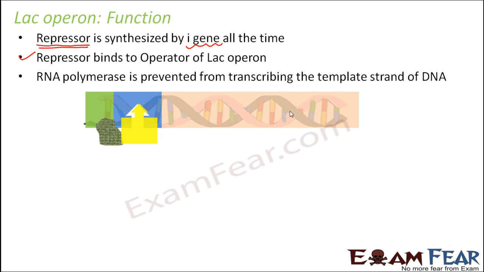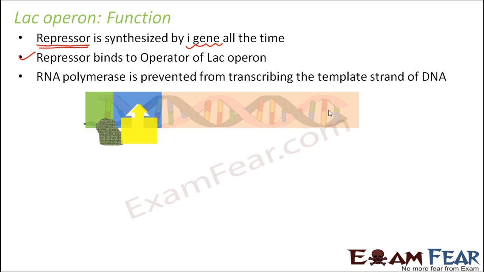Now, do you think we needed all those enzymes all the time? No, right? We need those enzymes only when lactose needs to be fermented. But right now there is no lactose inside the cell, so we really do not need the enzymes to ferment the lactose. It is perfectly fine even if these genes are turned off right now. This serves the purpose of controlling the expression of these genes.